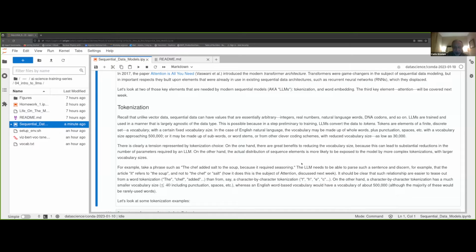Okay, so you have to remember that because sequential data can be valued rather freely, not necessarily reals, but in arbitrary values, you need to standardize those values in some sense.